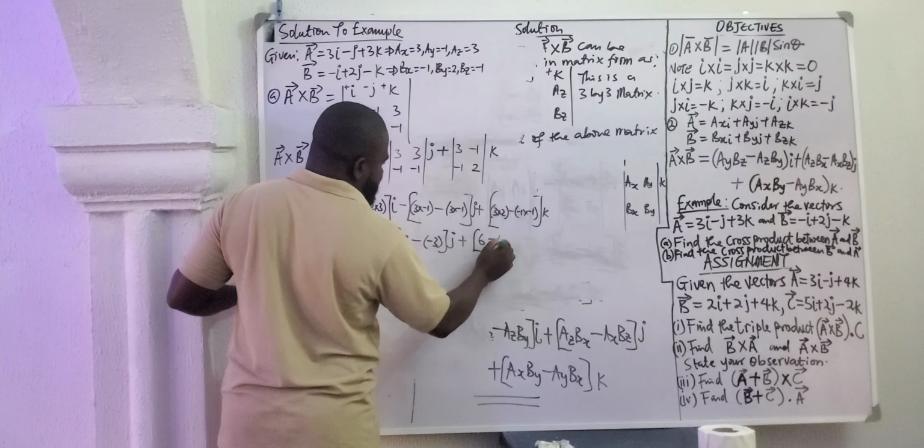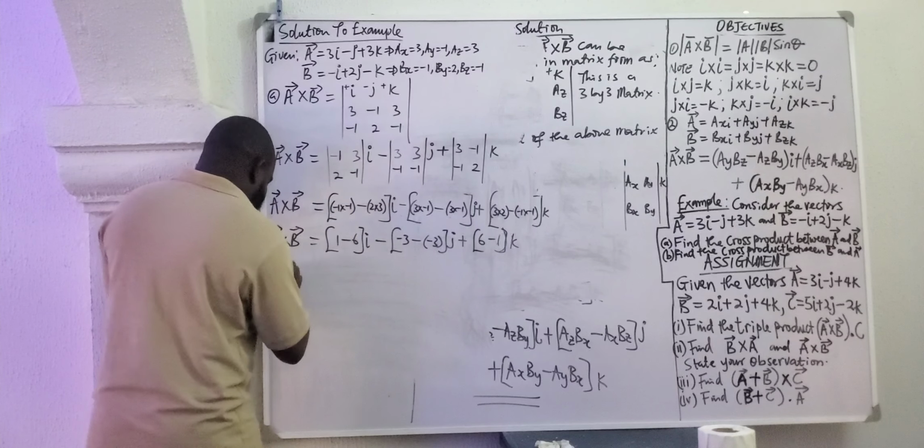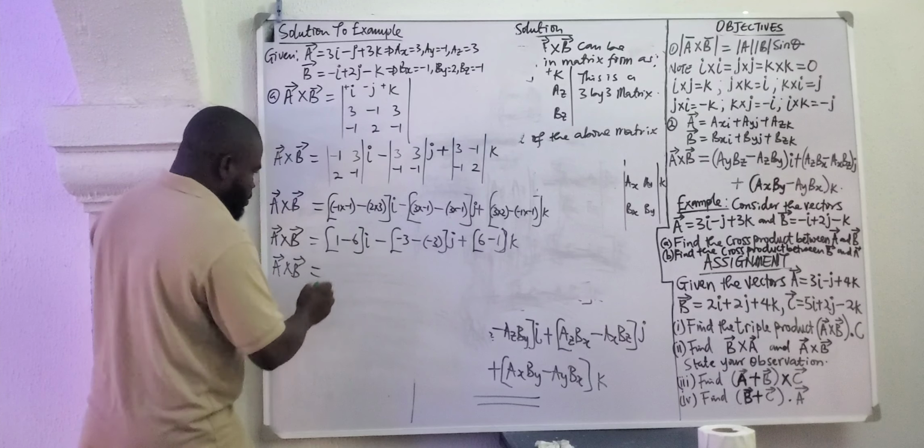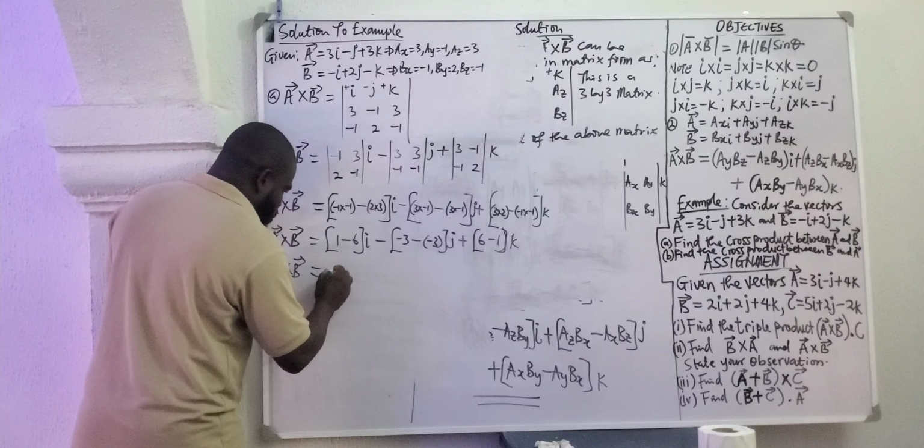So that gives us 6 minus 1, K. So this will give me further that A cross B is equal to 1 minus 6 is what?